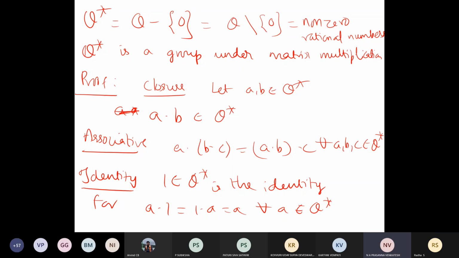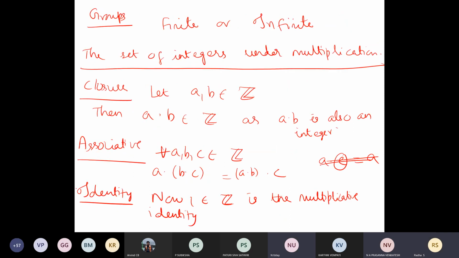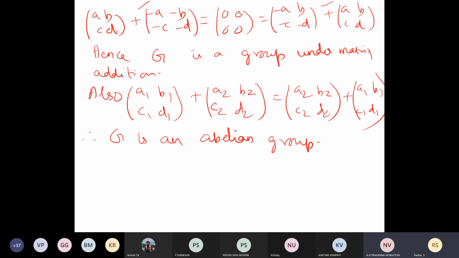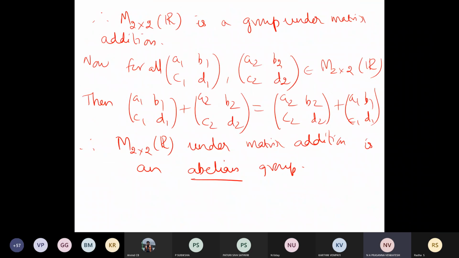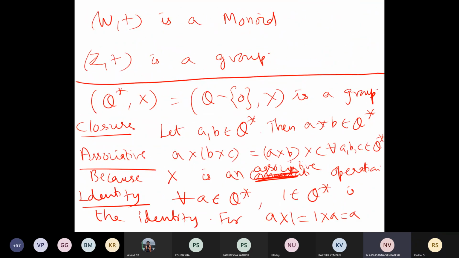So integers under addition will also be an abelian group? Of course, it is an abelian group under addition. I didn't write it. I'll write it also: Z comma plus is an abelian group.